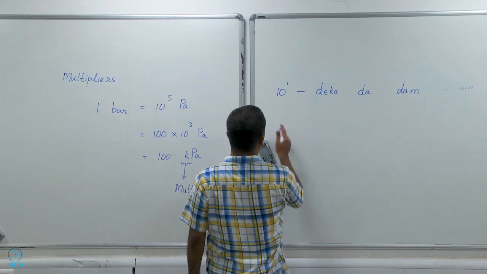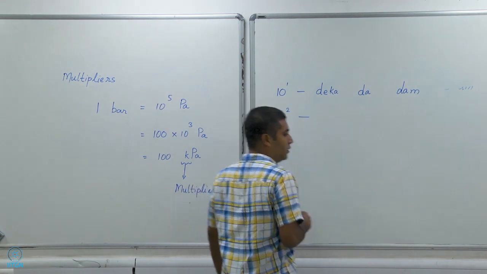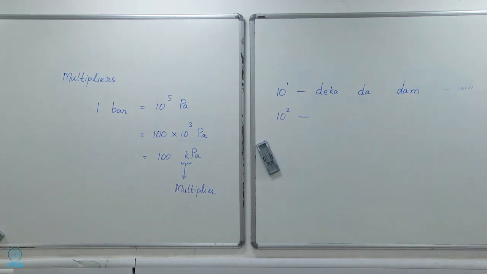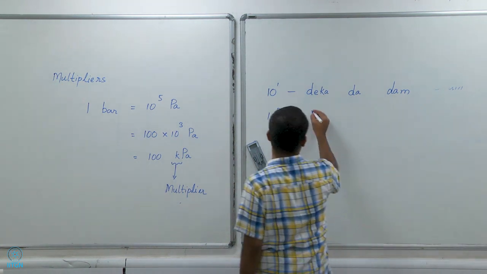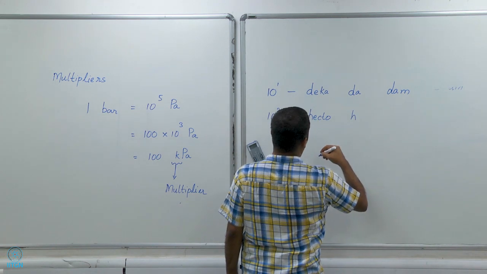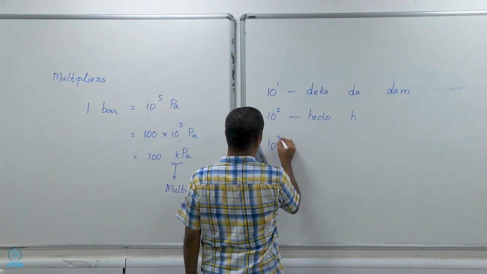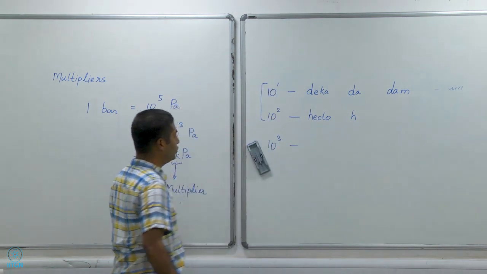10 power 2 has a name, it is hecto and H. And 10 power 3 is where it really starts to matter, because the earlier ones are rarely used, right.